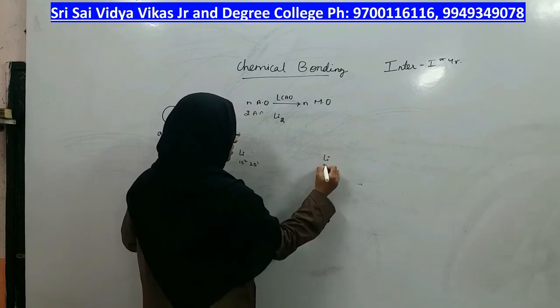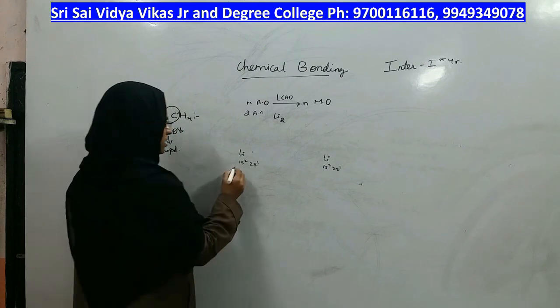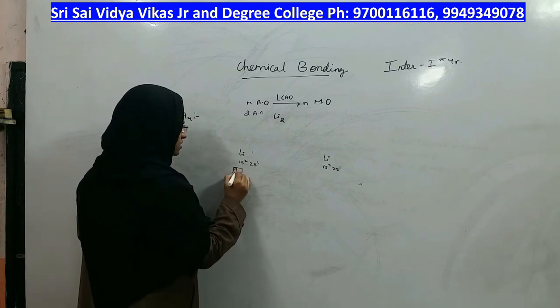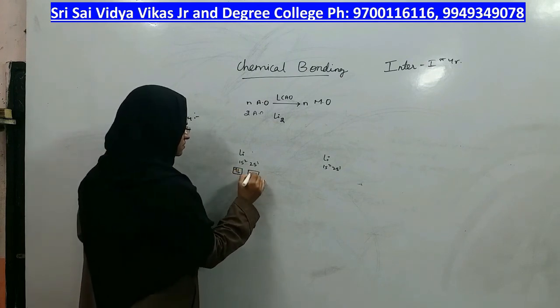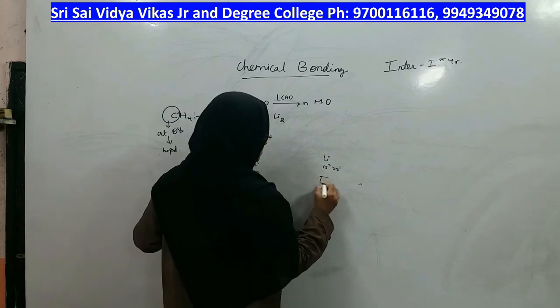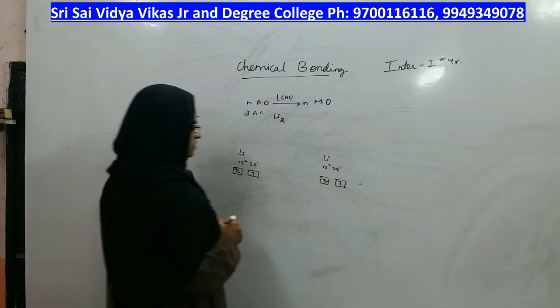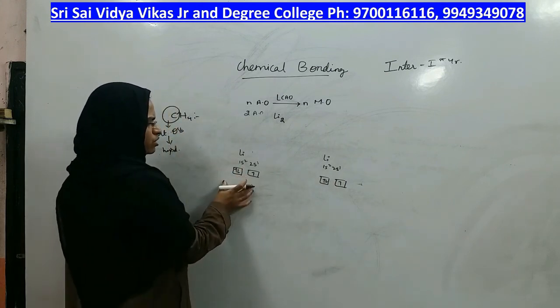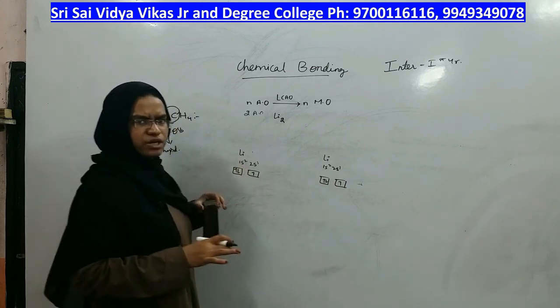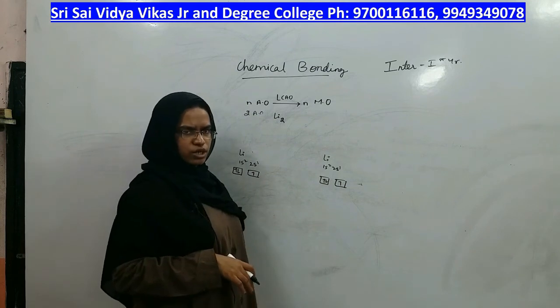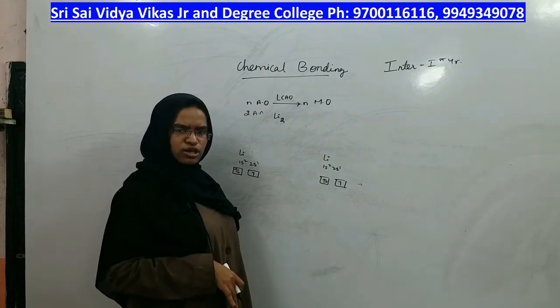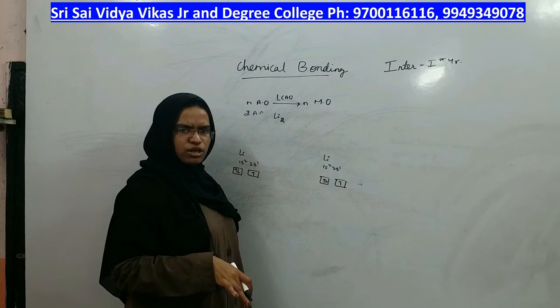Another lithium atom, 1s2, 2s1, right? So let us write the electronic configuration: 1s2, 2s1, right? Atomic orbitals of 2 lithium atoms will combine to give molecular orbitals of the lithium molecule. However many atomic orbitals combine, that many molecular orbitals you get.